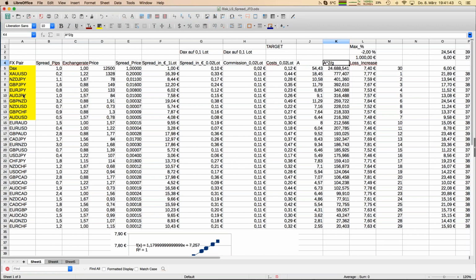And then I sorted my overall list exactly along that value. The higher, the better. Now you see why I go for DAX, gold, and so on and so forth. Because those promise me the highest profits per day.